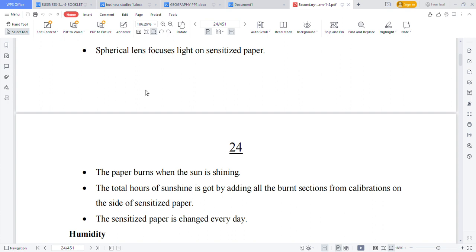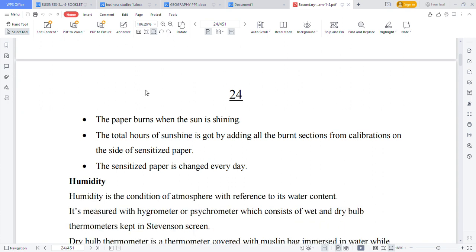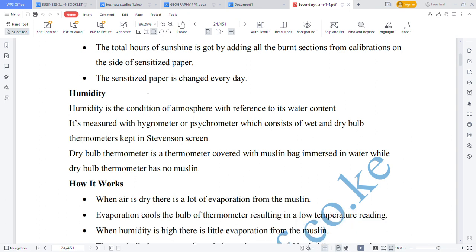The total hours of sunshine is gotten by adding all the burnt sections from the calibration on the side of the sensitized paper. The sensitized paper is changed every day.